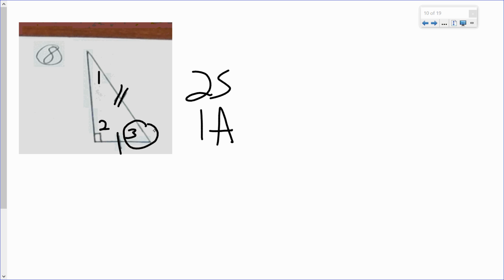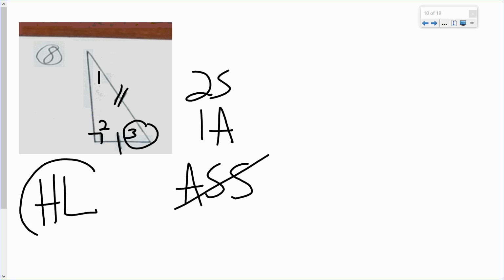No. So the angle is not between the 2 sides, which makes it SSA, which we said doesn't work unless it's a right triangle. Is it a right triangle? Yes. The reason is not ASS, though. The reason is HL, which stands for hypotenuse leg. And basically, if I have a hypotenuse marked and I have a leg marked in a right triangle, that's what hypotenuse leg means.